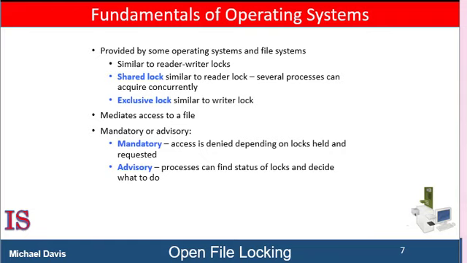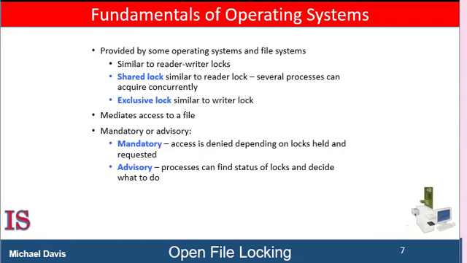For example, assume a process acquires an exclusive lock on a file system log. If we attempt to open system.log from another process, for example a text editor, the operating system will prevent access until the exclusive lock is released.